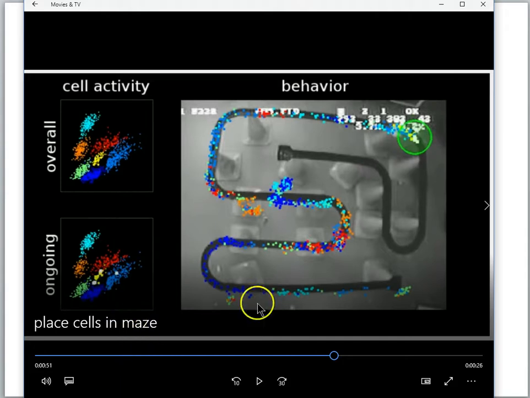Okay, so again, the idea is as the rat moves through the environment, different cells become responsive. And these are hippocampal place cells.